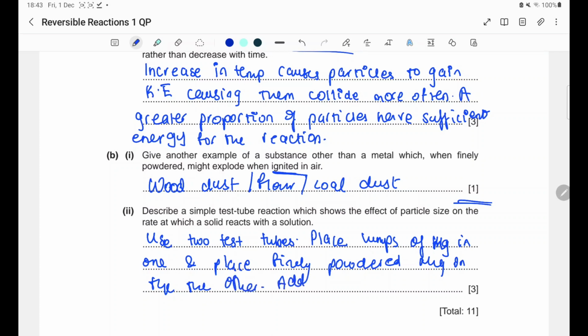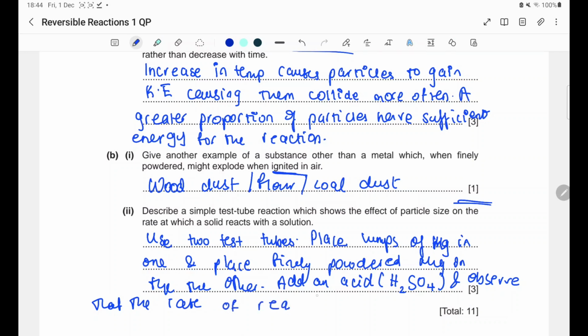Add an acid, let's say hydrogen sulfate, and observe that the rate of reaction is faster in the finely powdered tube.